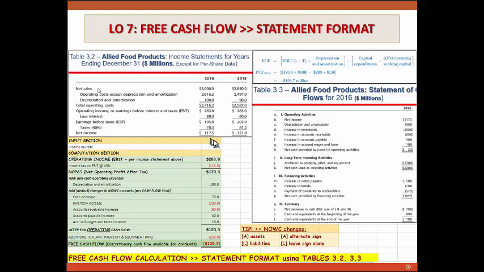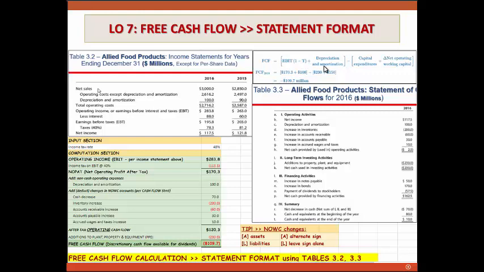So how is the free cash flow calculated? It comes from both the income statement and the balance sheet. So here's how the statement goes. Your book shows a formula, here at the top right-hand side of your screen, that free cash flow is equal to EBIT, earnings before interest and taxes, times 1 minus the tax rate. That gives you something called NOPAT, net operating profit after tax.